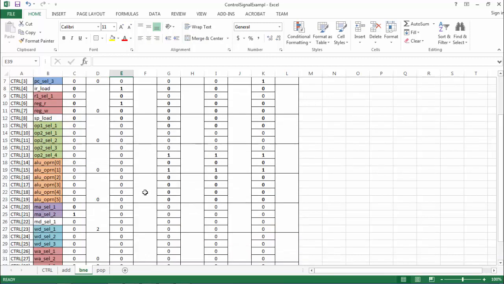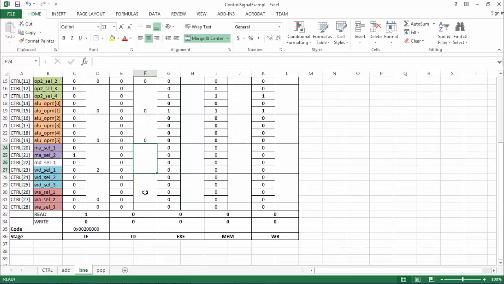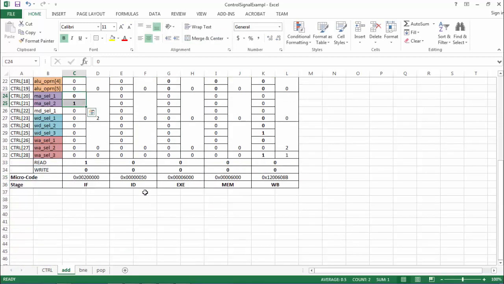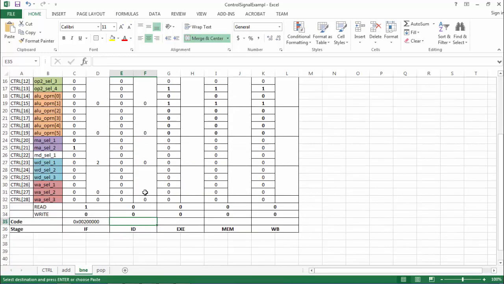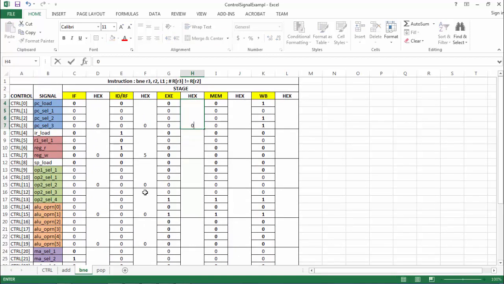And then I have 0, and then I have 5, 0, 0, 0, 0, 0, 0. So it is practically the same as add. Yeah, 50, right? I think so. 2, 3, 4, 5, 6, 7, 8. Okay, and here I have exe 0 0 0.